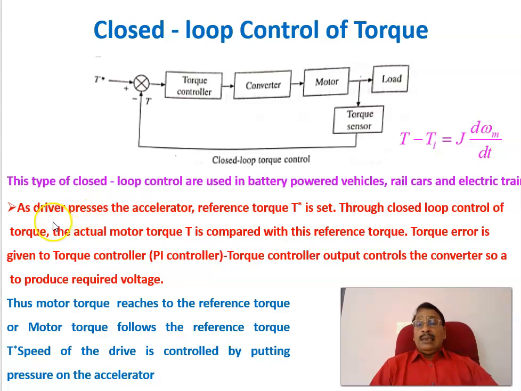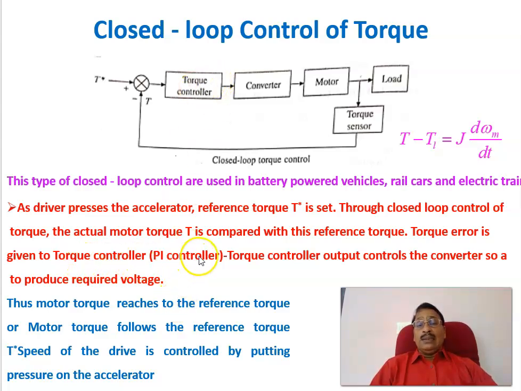And as the driver presses the accelerator, what he does is set the reference torque T star. Through closed loop control of the torque, the actual motor torque T is compared with the reference torque, and the torque error is given to a torque controller.